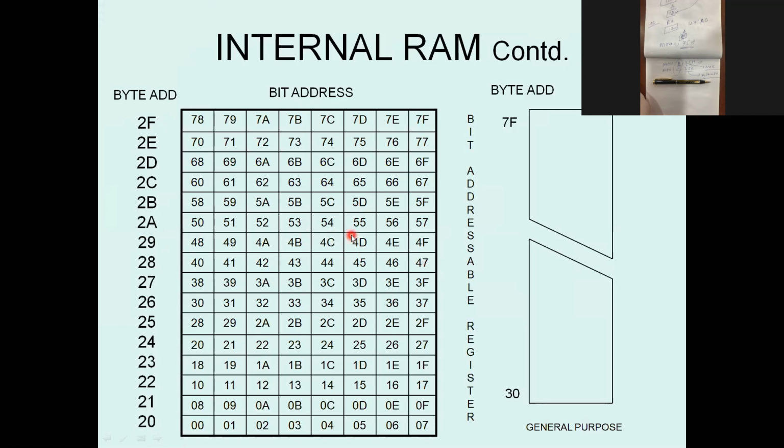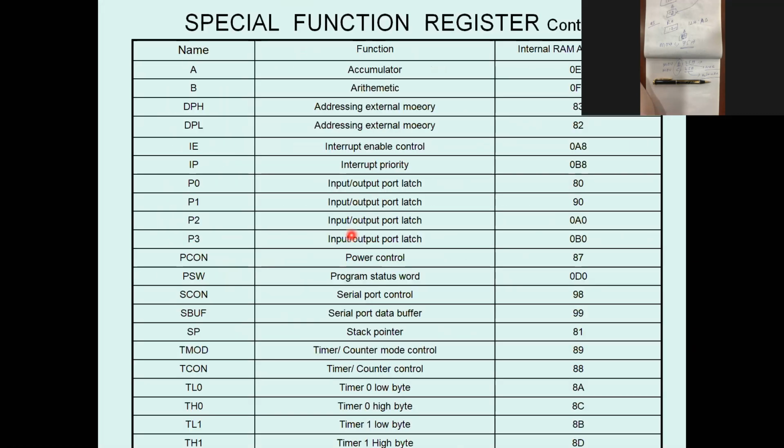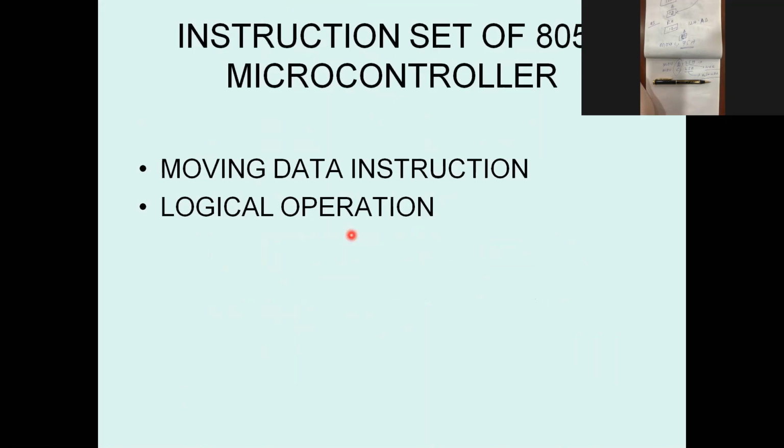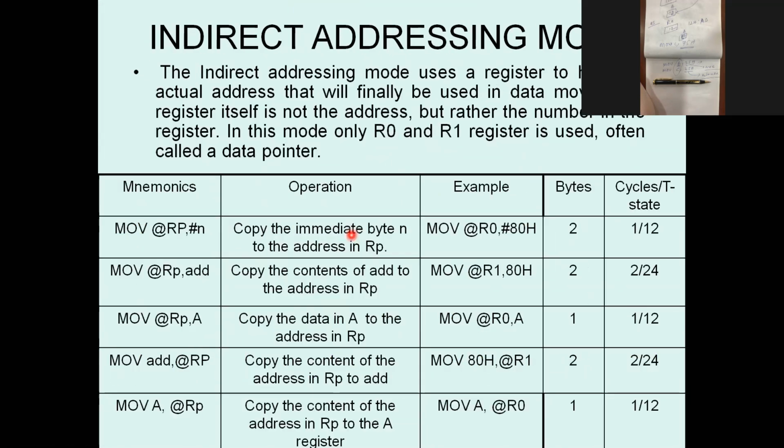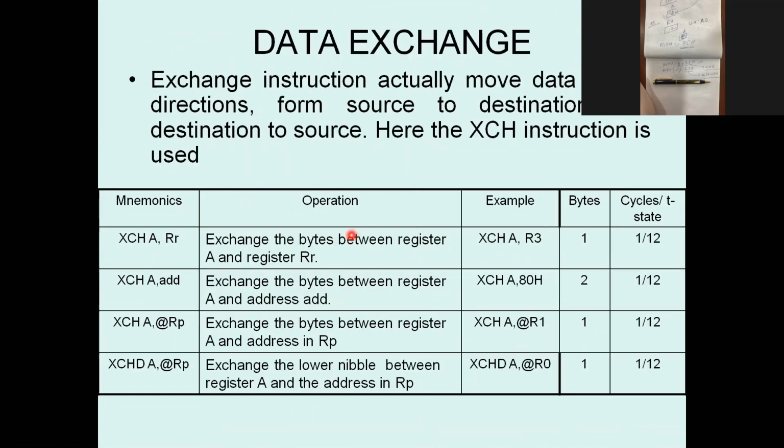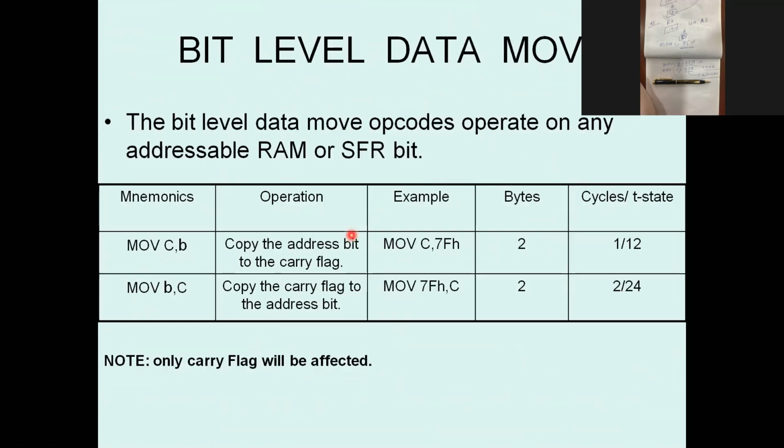In every bit address you can store only a single bit, either 0 or 1. Is it clear? So 7FH here is treated as a bit address. The 7FH content will be copied into the carry flag, and the carry flag content will be copied into 7FH.